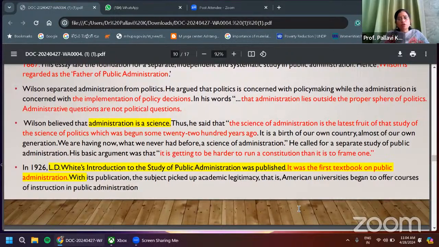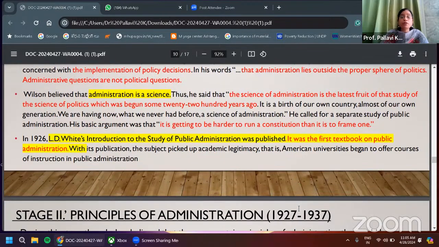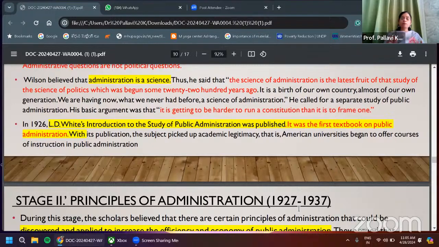What basically he argued is, politics is concerned with policy making, whereas administration is concerned with the implementation of the policy decisions. Therefore, administration and politics both are different entities, and they should be separated from each other. And he also believed that administration is a science, and it can be applied to any organization for that matter.